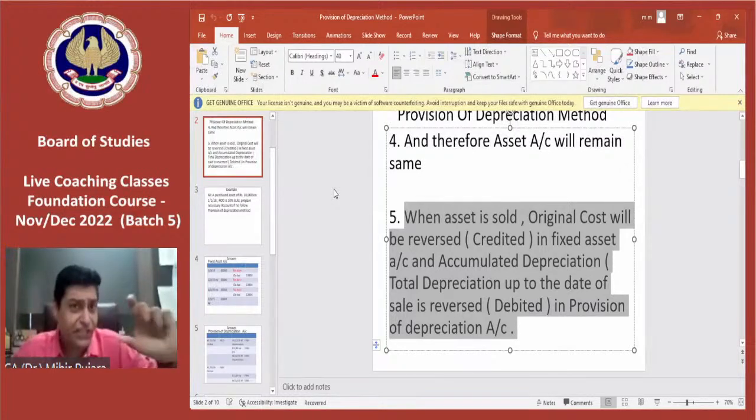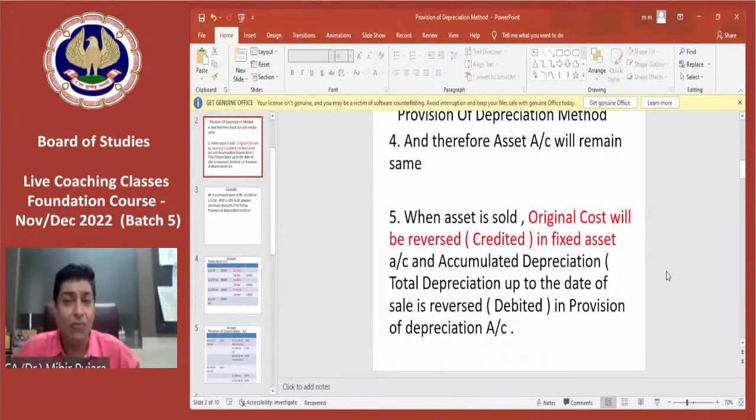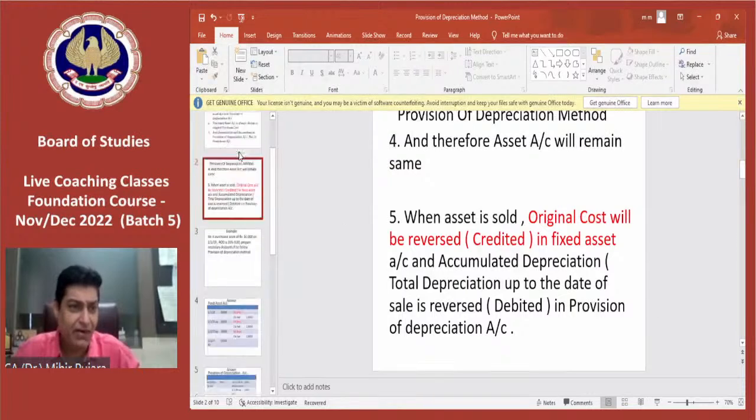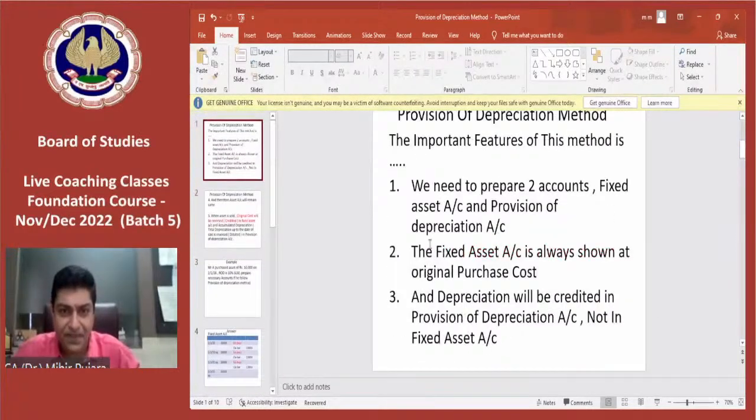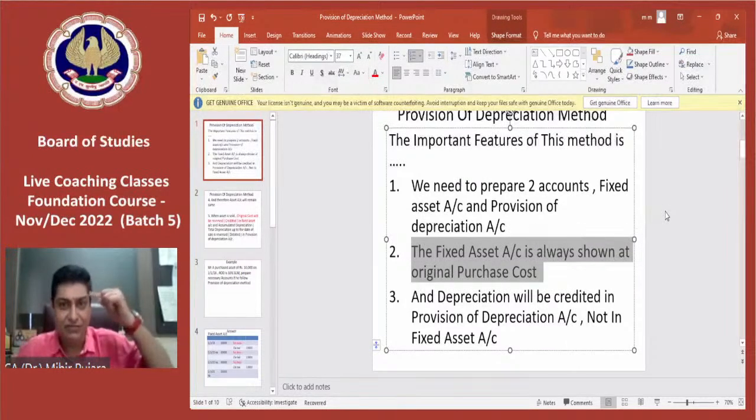Now, which amount should we reverse? When the asset is sold, original cost will be credited in the fixed asset account. Got it, guys? Why original cost? Because the fixed asset account is maintained at original cost.